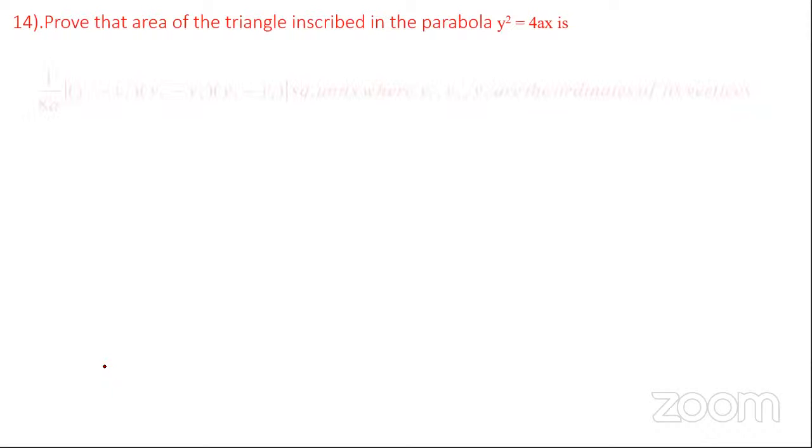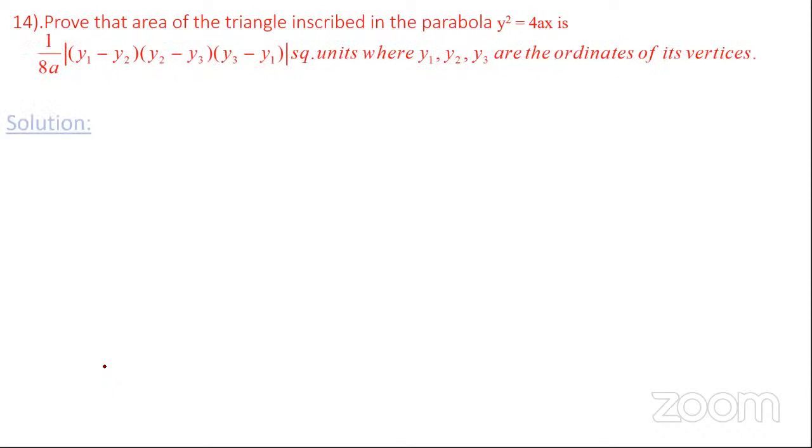Next, prove that, and that's most important, prove that the area of a triangle inscribed in the parabola y square equals 4ax is 1 by 8a of mod of (y1 minus y2)(y2 minus y3)(y3 minus y1) square units, where y1, y2, y3 are the vertices.